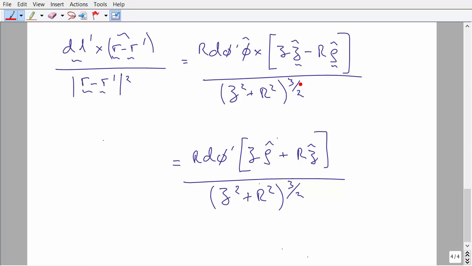You'll notice that our integration variable is going to be over d phi prime, and everything in this integrand is constant except for one item. And that one item is the rho hat unit vector. So the rho hat unit vector varies as we move around the circle. So we can draw the circle, and as we move around phi prime in our integration, our rho hat unit vector is going to change.